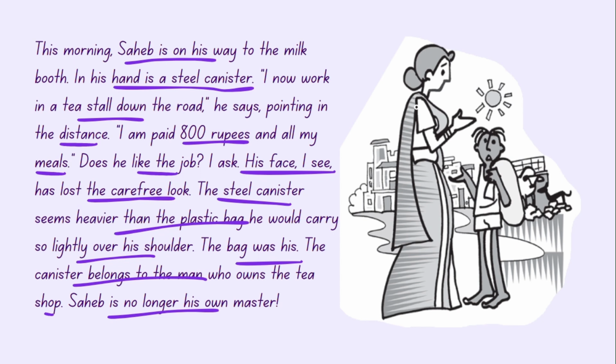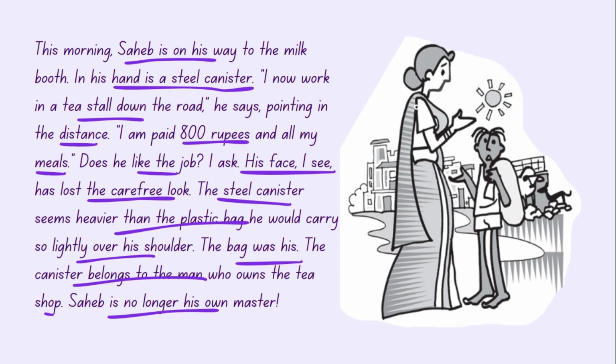To get out of poverty, to earn even a little bit for their meals, two or three meals or even one meal a day, he now had to lose his freedom and work for somebody else, work for this person who owned the tea shop.